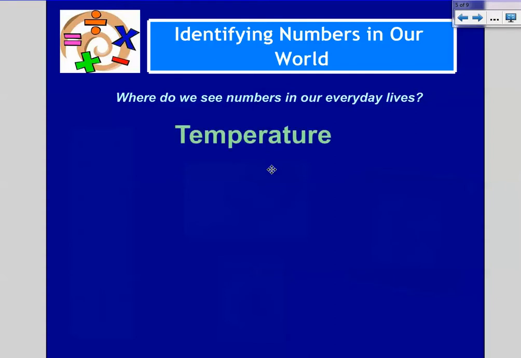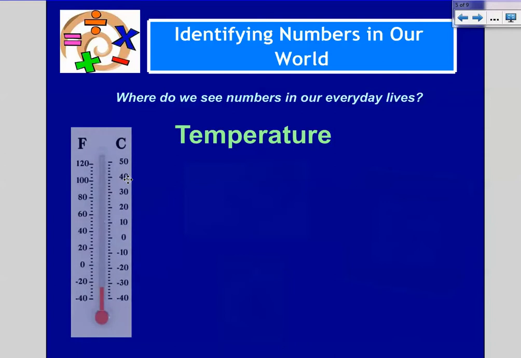We also use numbers to tell temperature or how hot or cold it is. We use a tool called a thermometer that has numbers on it to let us know how hot or cold it is outside.